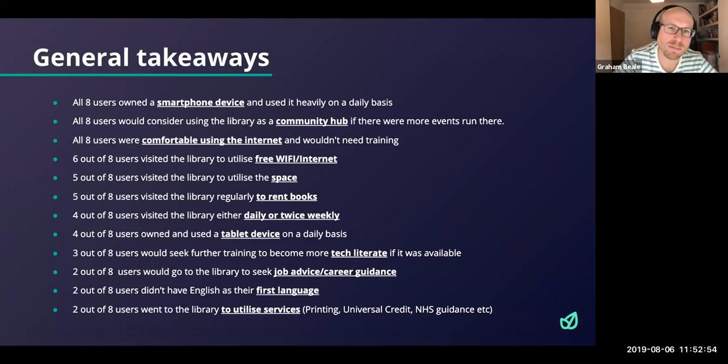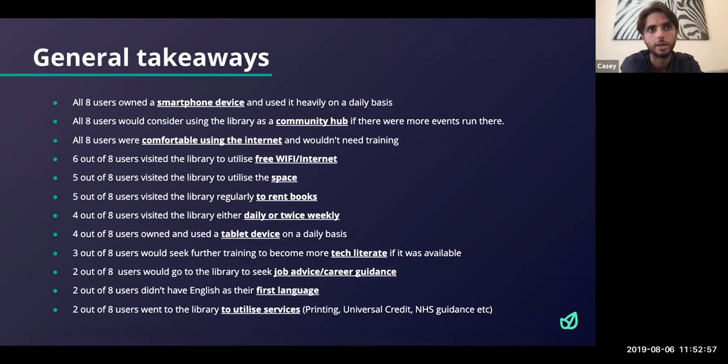The library didn't really provide that, and that's something that he was seeking. I did ask him if the library focused more on these community aspects, would he then use that service over other services that he currently uses? And he said yes, he would. So there's definitely scope there to build upon that. But yeah, that's it really.